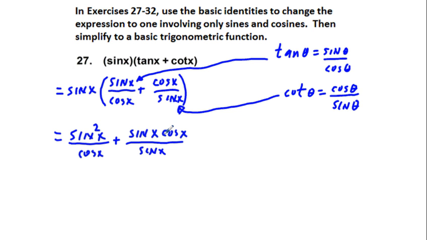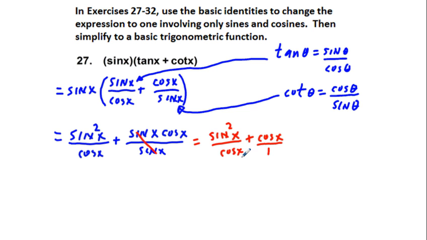Well, we're going to be able to cancel sine x over sine x here on the right one, and so what we have left is sine squared x over cosine x plus cosine x, and we'll just say cosine x over 1. So we're going to add these two together, and for that we have a common denominator of cosine x.